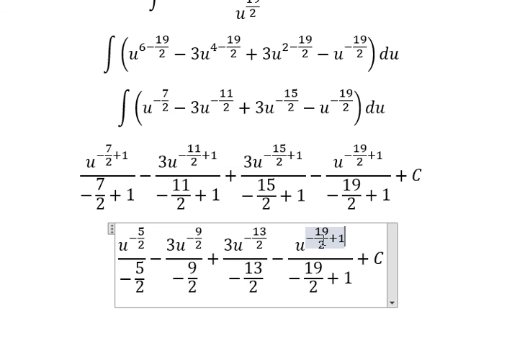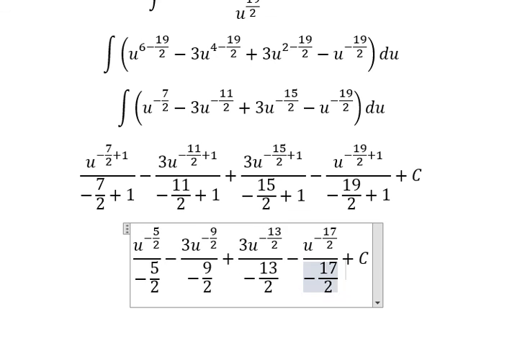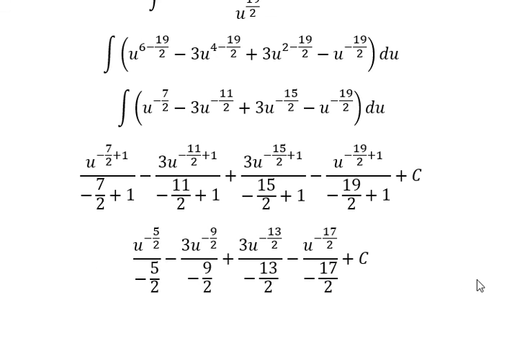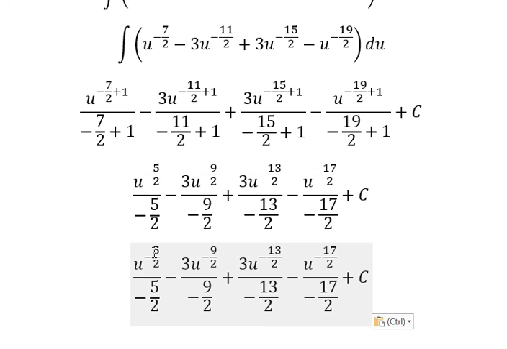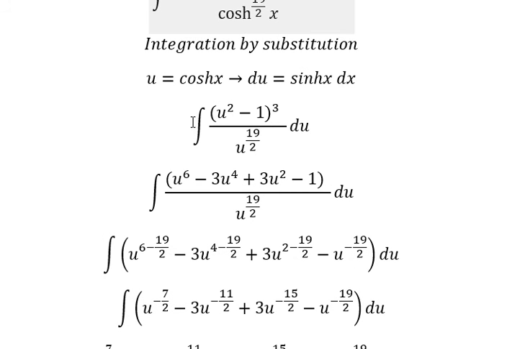This one is about negative 19 over 2. About u, that is about cos s.